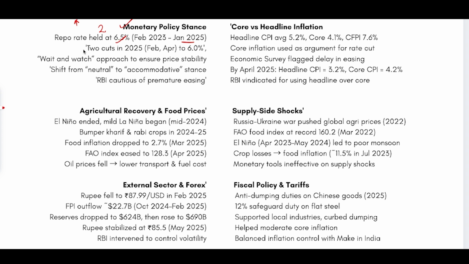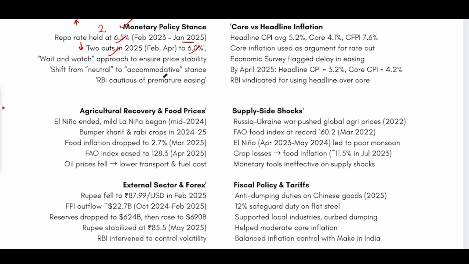In early 2025, the RBI finally pivoted to monetary easing, which means a reduction in the repo rate. It delivered its first rate cut of 25 basis points in February 2025, which was the first cut since the initial pandemic lockdowns, quickly followed by another 25 basis point cut in April 2025, bringing the repo down to the level of 6%.